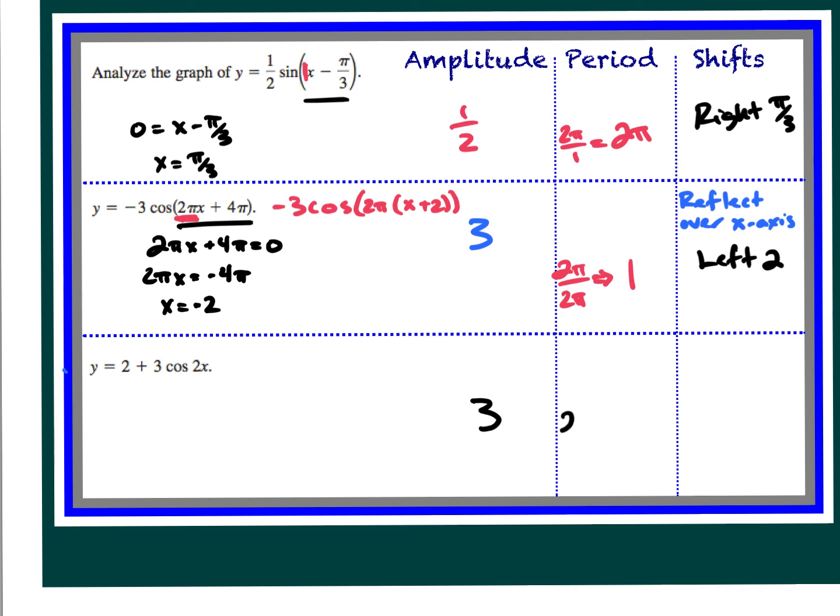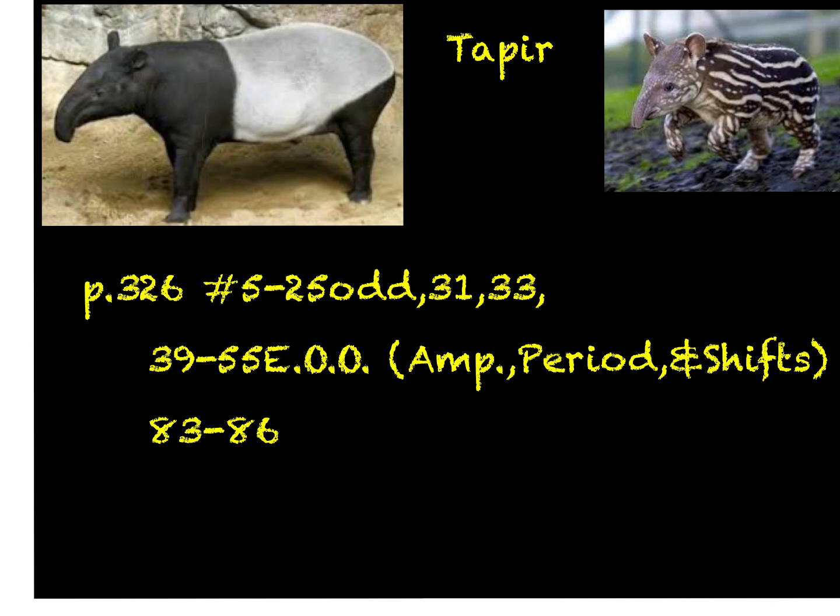So I take 2 pi and I divide it by 2, so I end up with pi. And then shifts. Up 2. What's it do? It just goes up 2. Does it do anything else? Nope. And then we're done. There you go.